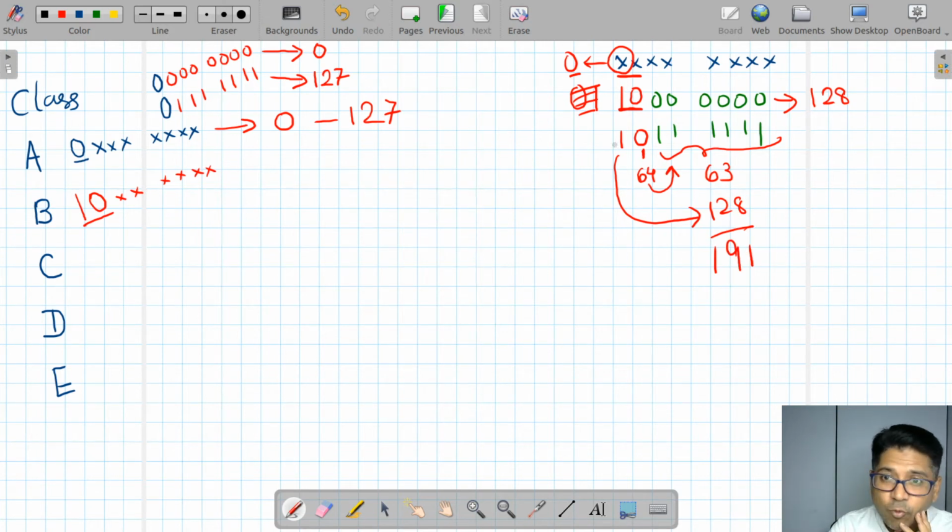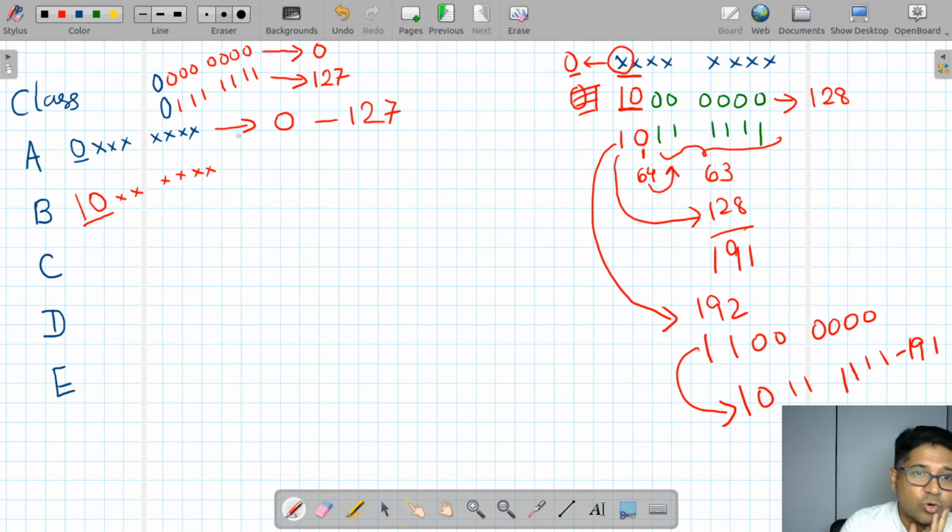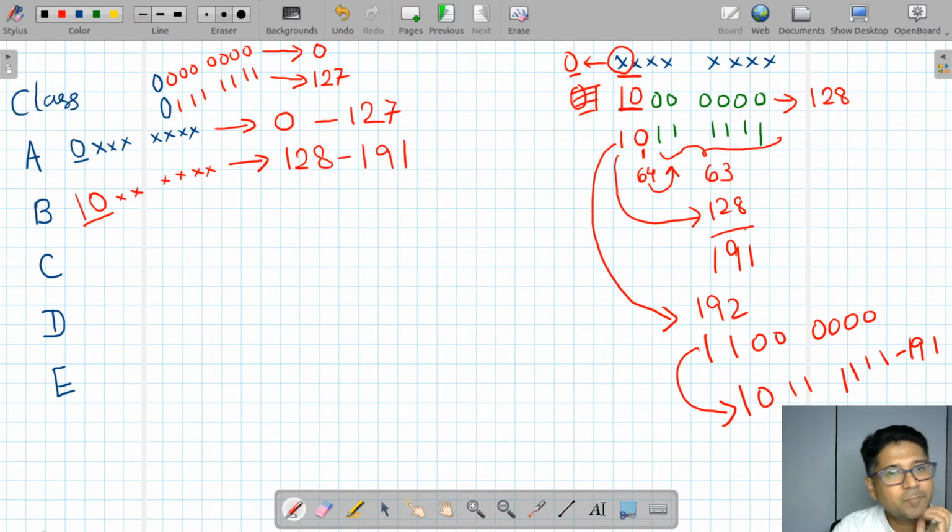If you remember, one's complement of 192, the value 192 is 11000000, and from that number the one's complement comes as 10111111. Right? So this is 191. These numbers, I told you, are very useful. 128 to 191, class B.